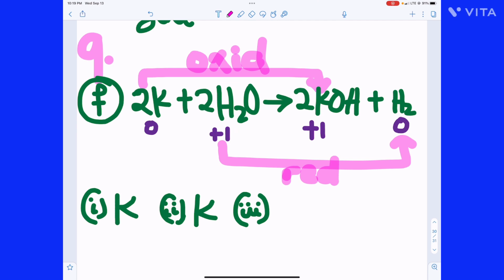Because the oxidation number of hydrogen reduced from +1 to what? Because the oxidation number of hydrogen reduced from +1 to 0. It's 0 here, but it was +1 here on the left.